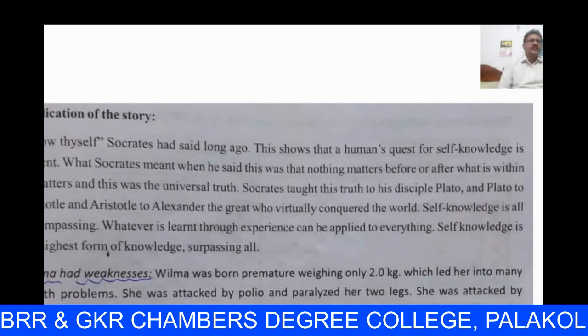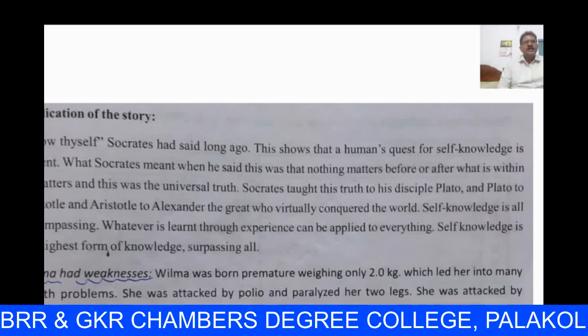What he says is a very small quotation. Know thyself. For seeing, for reading, it's very small, simple. But it holds a great meaning, and it has an impact on people's lives.